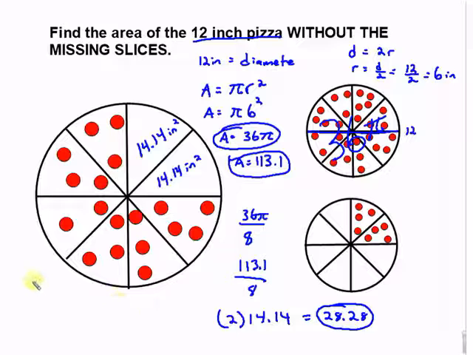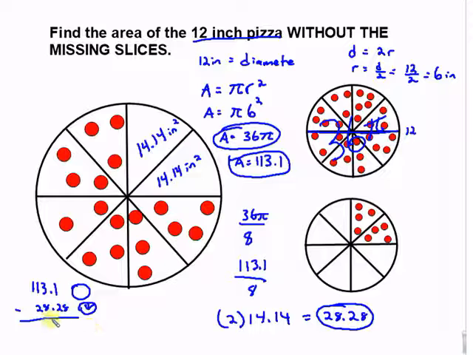We'll take 113.1, which is our total area of the entire pizza, and we'll subtract from that 28.28, which is the area of just those 2 pieces of pizza right there.